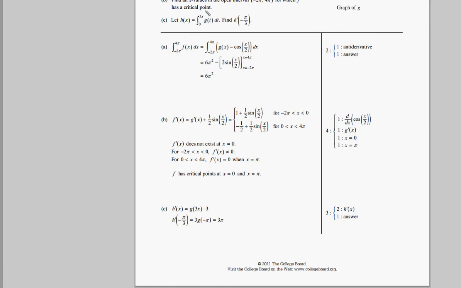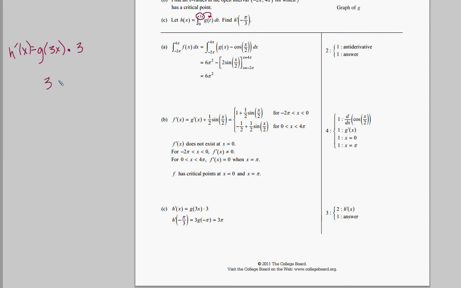Now, you're asked to find the derivative of an integral, so you realize that this 3x needs to get plopped in, and then you don't forget to chain on that 3x's derivative. So you should have g of 3x, this is the derivative, h prime of x, times the derivative of that upper limit. Please don't forget to do that part.